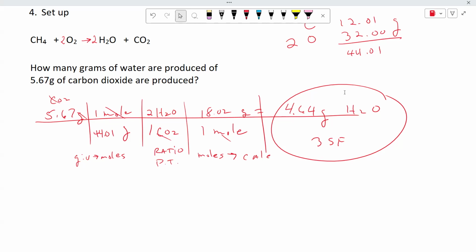Okay, understand that. Sometimes in your next class, they're probably going to call them AMUs at first. And then eventually when you get to stoichiometry, then it's going to be molar mass or grams per mole. AMU stands for atomic mass units. Same numbers though, just different label. Okay.